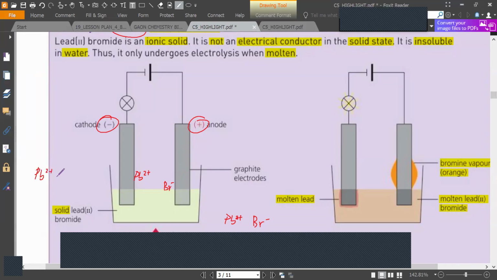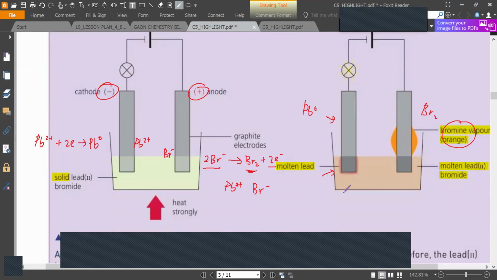The positive ion will be reduced to return back to the metal, and the negative ion will be oxidized to return back to the element. As mentioned before, bromine is always Br2, so we balance it with two bromide and two electrons. We will get the bromine gas here, so we'll see the bromine vapor, and here we'll see the lead metal deposited on the electrode.